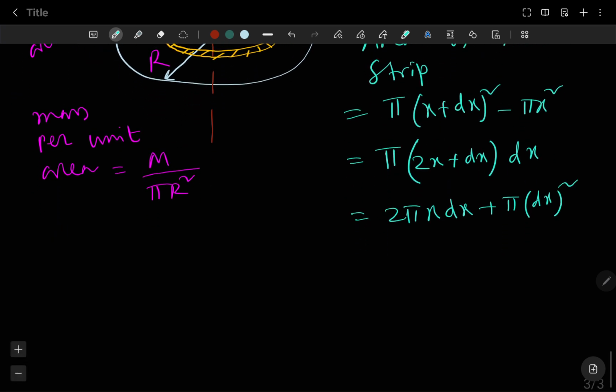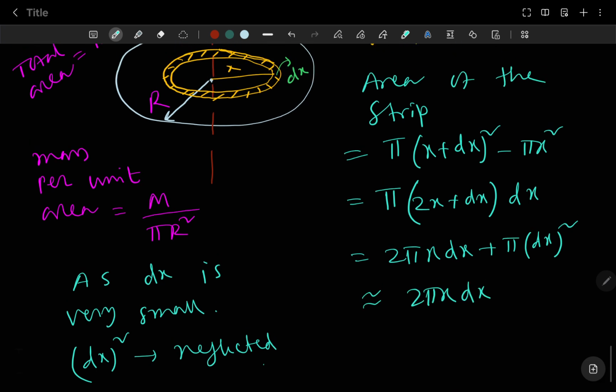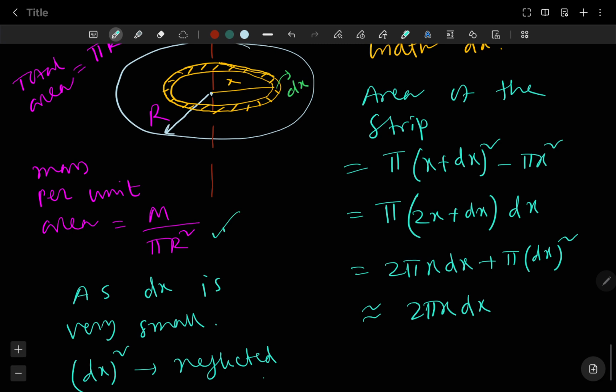Okay, so as dx is very small, dx square will be even smaller, so the second order smallness can be neglected, it is ignored. So it is coming out to be 2 pi x dx. Okay, so the mass per unit area is this.